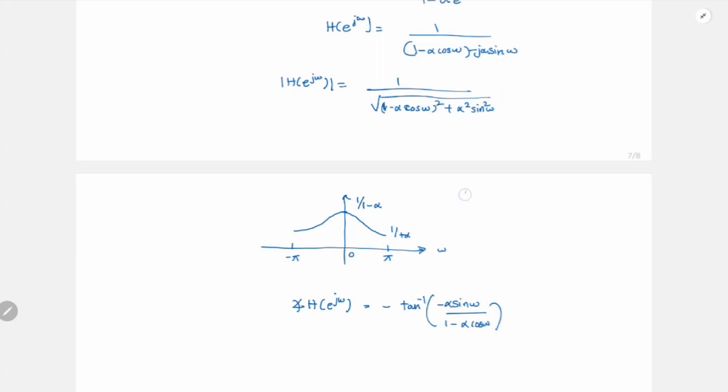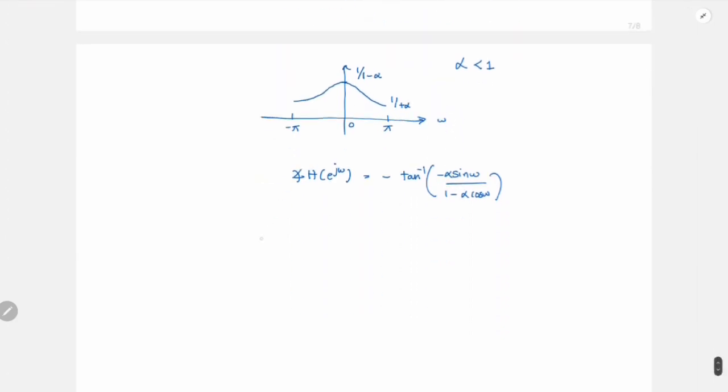You can see if alpha is less than 1, then you have a boost around your low pass and some suppression around your high pass. So this acts like some kind of low pass function, right? So this kind of information you could have also got from your h of n.